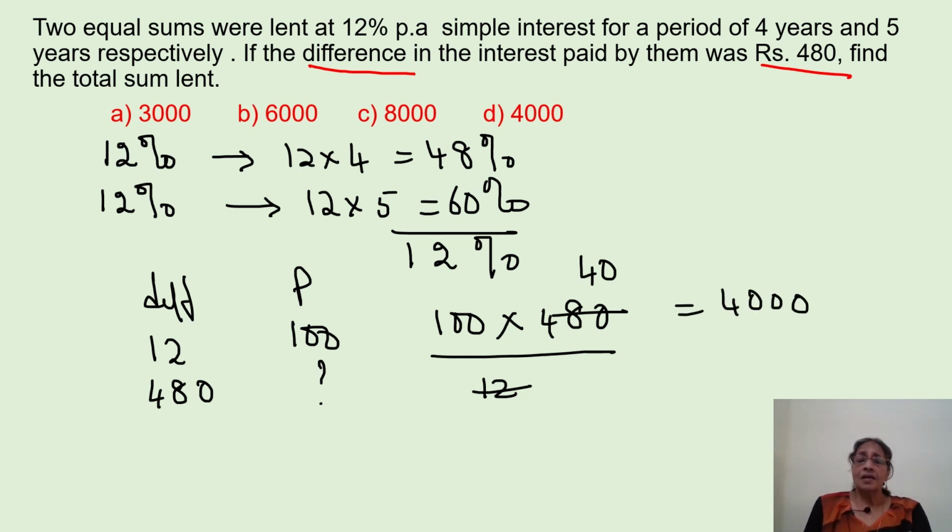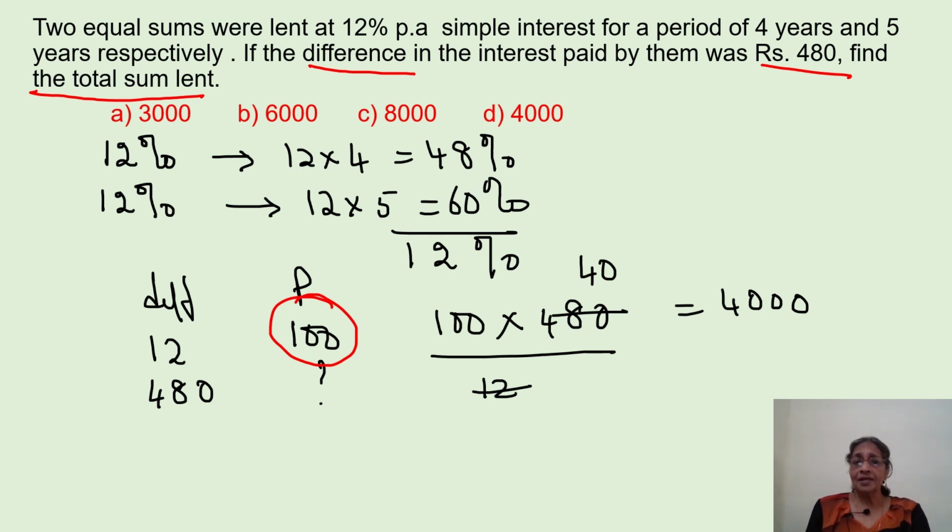Okay. Now, be very careful. In your option, you have D as an answer. But read your sum carefully, very carefully. Find the total sum lent. Now, this 100 what you have is lent only to one person. This amounts to twice, or two equal sums.